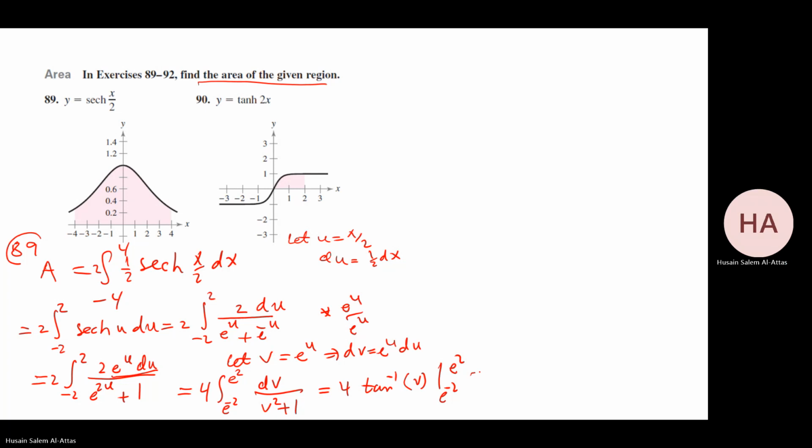Yeah, it gave me 4 tan inverse of e squared minus 4 tan inverse of e to the minus 2.